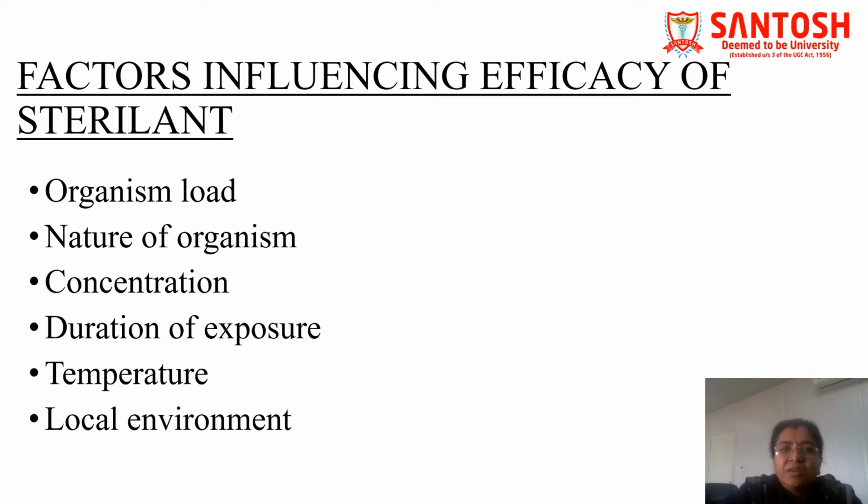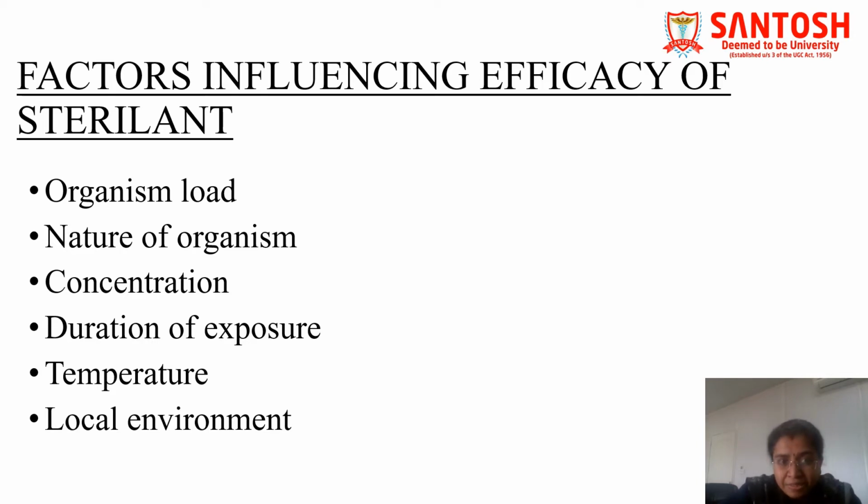Firstly, it is the organism load. How much organism is present in that article, surface or medium. The more the organism, the more powerful a sterilant has to be used. Then there is the nature of the organism. This includes the nature of the microorganism that is present, whether it is a bacteria, a virus, a parasite, or a fungus.